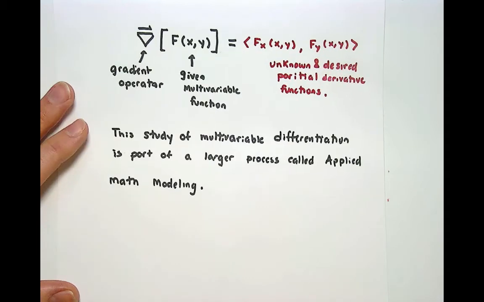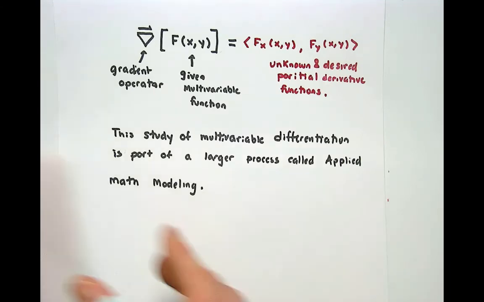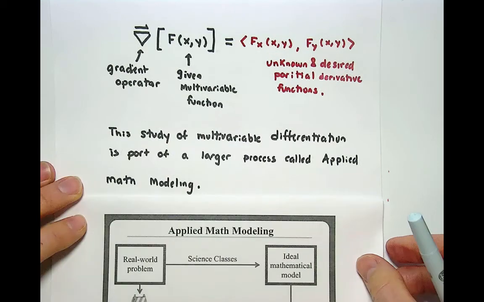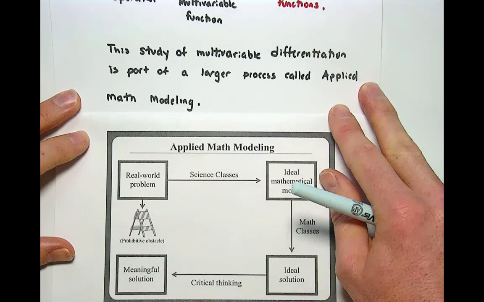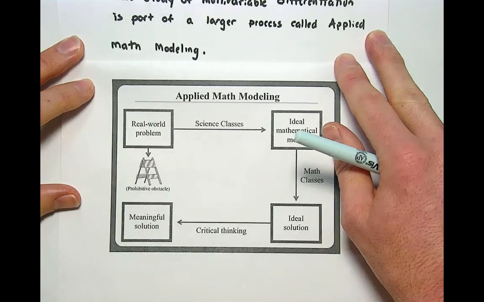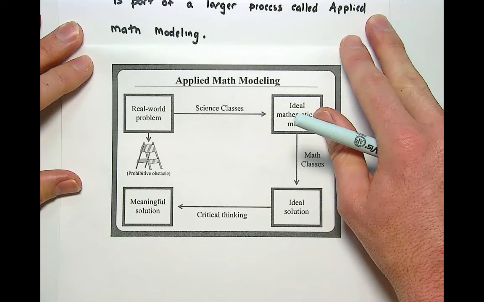Okay, to talk about applied math modeling, I'd like to show you what this looks like. For those of you watching at home, I highly encourage you to rewrite this diagram in your own writing.